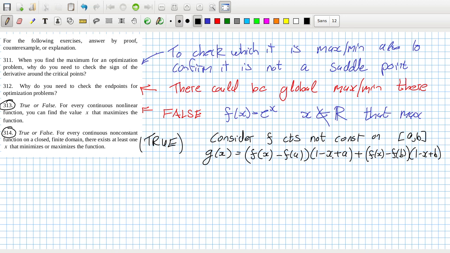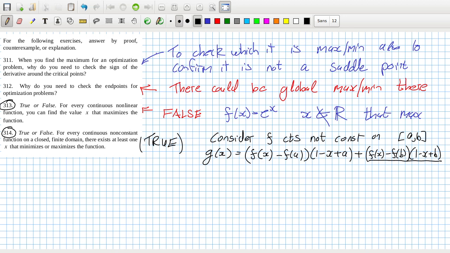So when, no, that's not going to quite work. When x is a, this will go, and that will be 1.